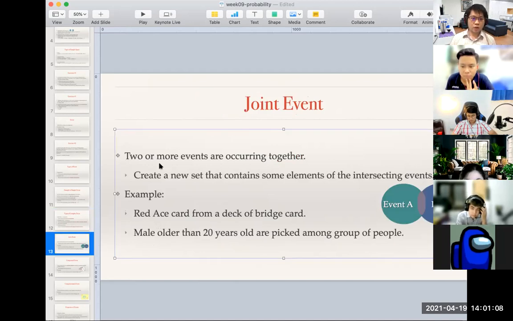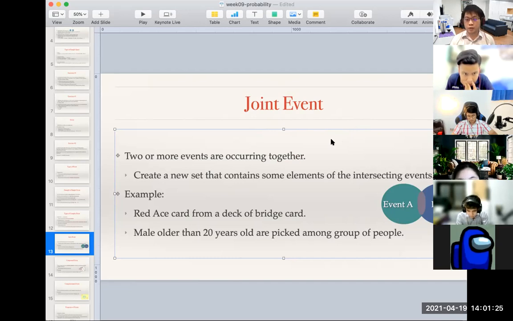For joint events, two or more events are occurring together. Usually for this type of event, you will create a new set, a new group that has characteristics from both events, or from three events together.